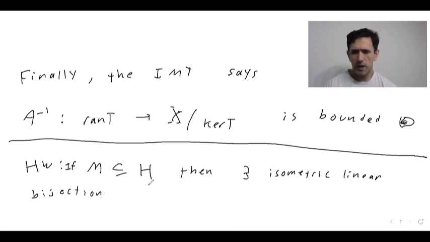Let's call it A, from the quotient space to the orthogonal complement of M. So in other words, the quotient space and the orthogonal complement are basically the same space.